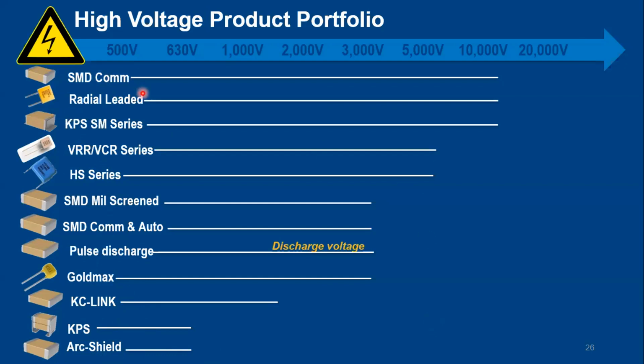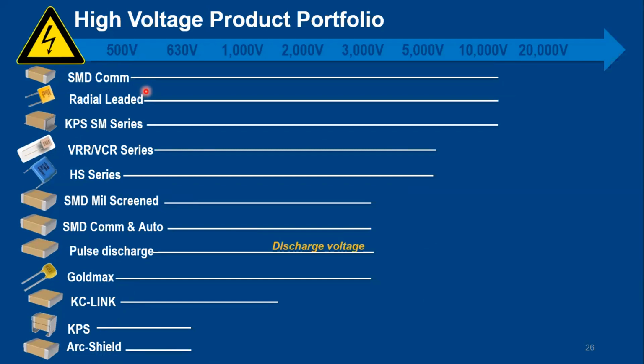But I want to emphasize that when it comes to high voltage, you need to consider not only the rated voltage, but also impulses and other conditions in your environment and what the situation can be for your capacitance.